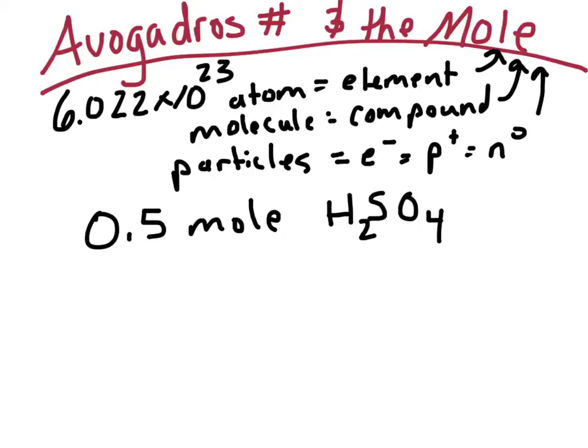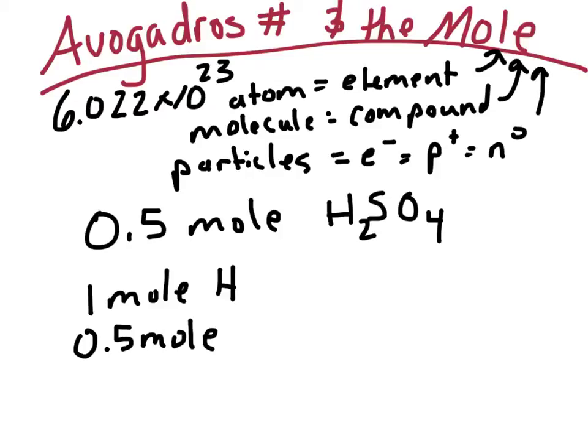H2SO4, sulfuric acid, let's do that one. Then I have 0.5 times 2, which is 1 mole of hydrogen, to every, the 0.5 times the 1 on the sulfur, 0.5 moles of sulfur, to 0.5 times 4, which is 2 moles of oxygen.